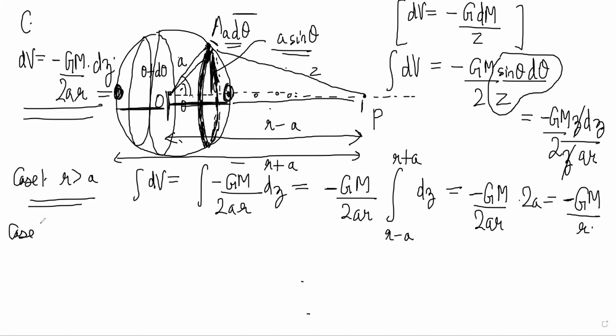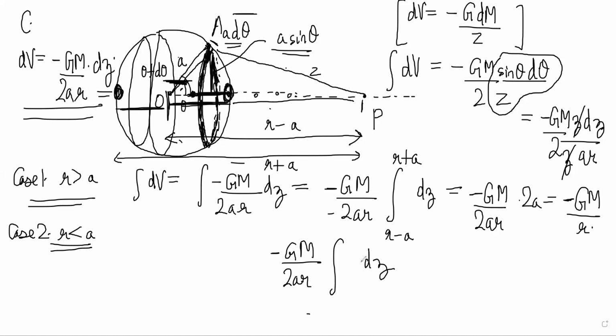If there was case 2 where the point is inside the spherical shell, so imagine that the point is somewhere here. Everything is the same except limits are different. So minus GM by 2ar integral dz. Now you think about the limits. If the point P is here and my shell is here, this distance is actually a minus r, because r is this distance.